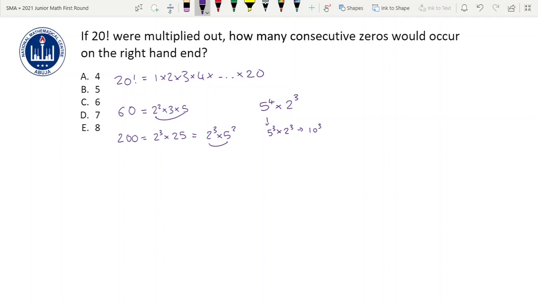So this number is going to have 3 zeros at the end of it, because 3 5's and 3 2's are going to pair up with each other to give us 3 10's. So that's just the idea that we're going to be working with in solving this question.